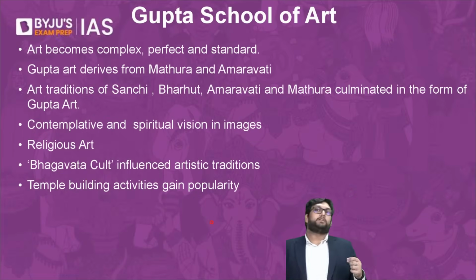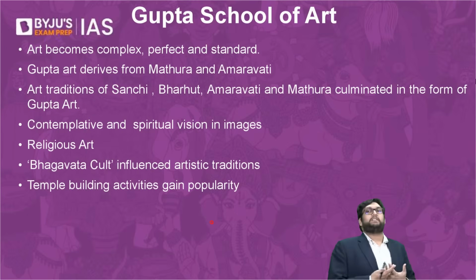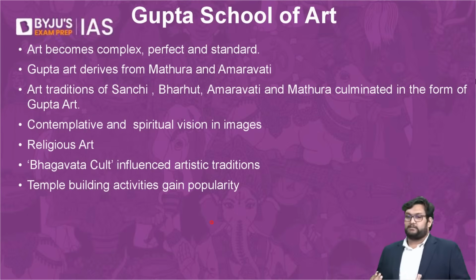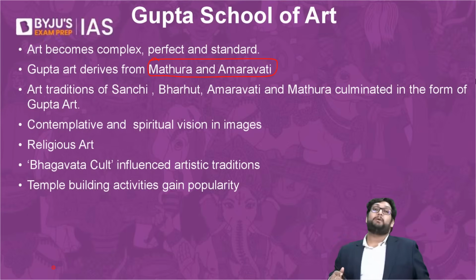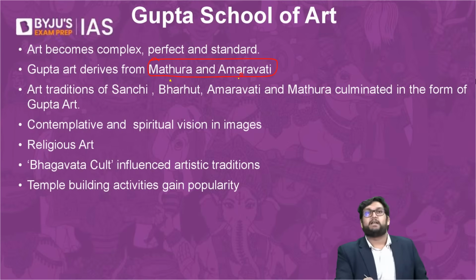And Gupta school was used very extensively in the temple architecture. So it brings Mathura and Amravati together, and this will explain why there is so much narrative sculpture in temples. The narrative sculptures in the temples is because of Mathura or Amravati?